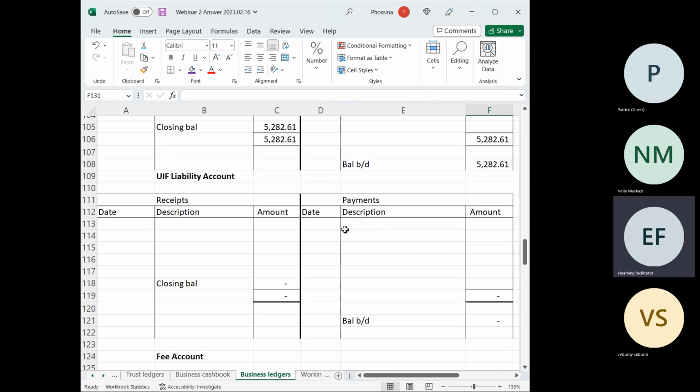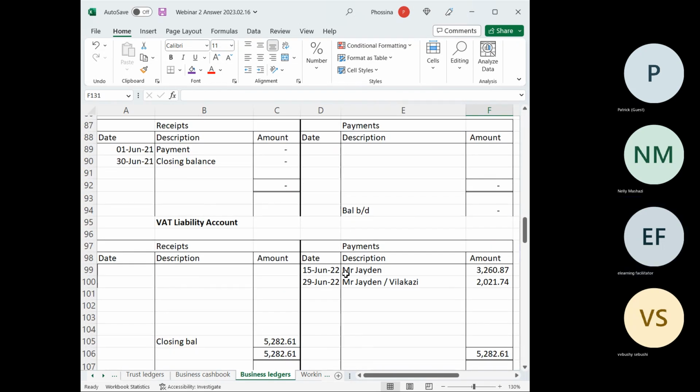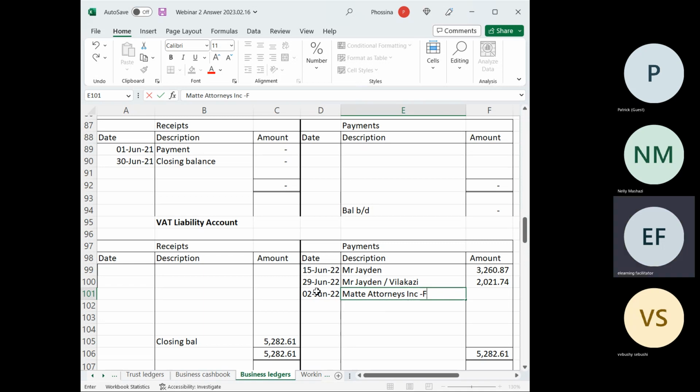And then we go to the VAT account. File opening.